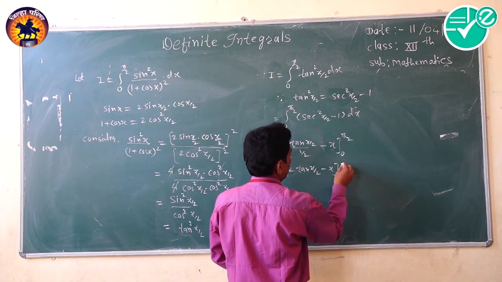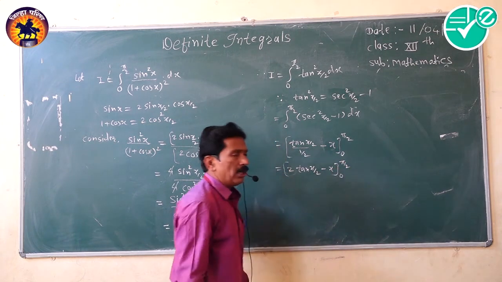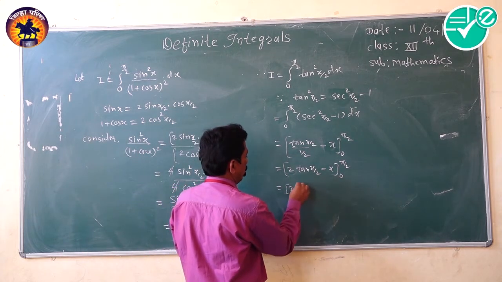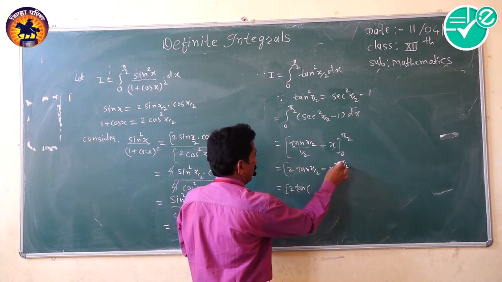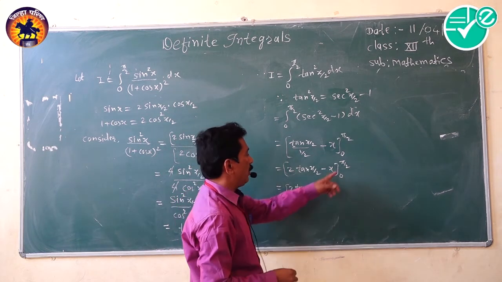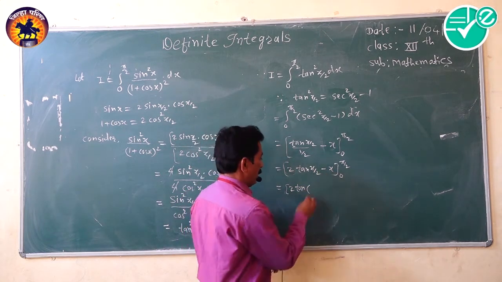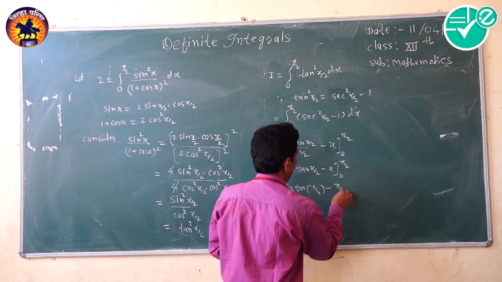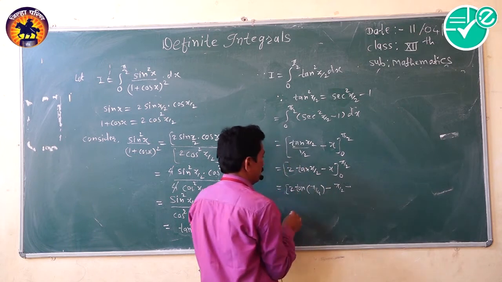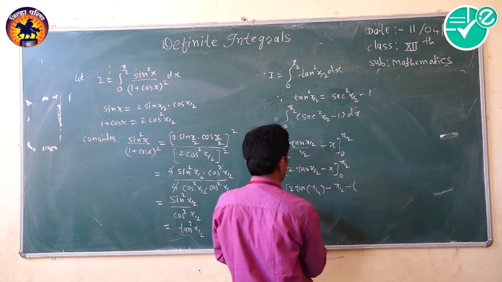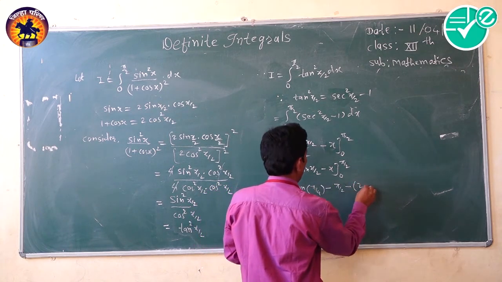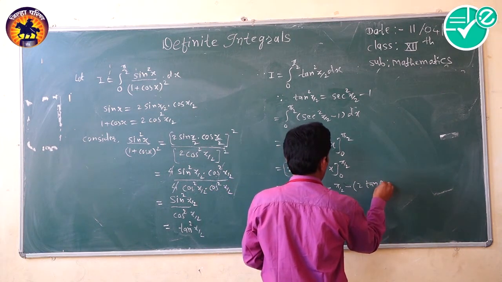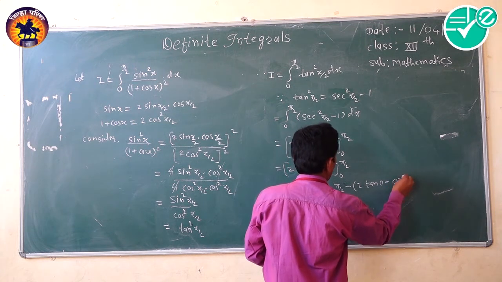The limits are 0 to pi by 2. Now substituting the limits, this is equal to 2 into tan of pi by 2, value of x is pi by 2, therefore x by 2 is pi by 4, hence tan of pi by 4, minus pi by 2. Lower limit is minus 2 tan 0 minus 0.